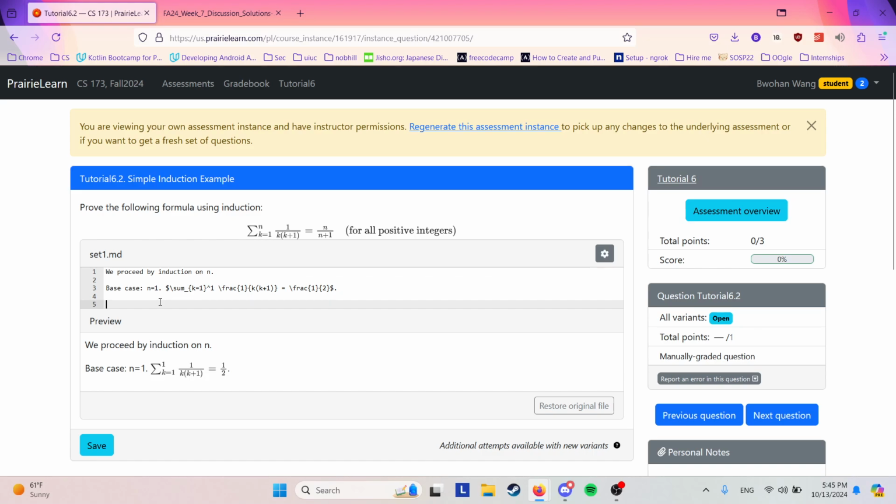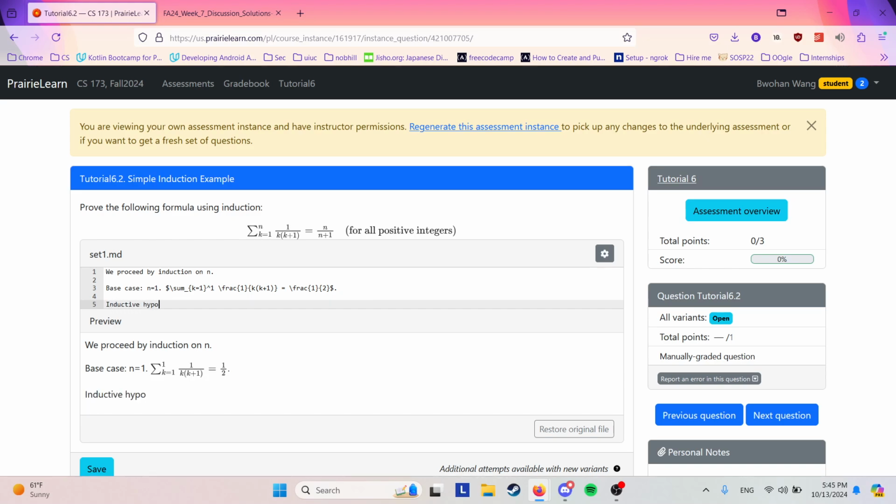Now we need to state our inductive hypothesis. In this class we always use strong induction. So our inductive hypothesis should look like: assume for all k less than n that, oh, and here we can't actually use k because we're already using k as our index for this summation. So just to prevent any confusion, let's change this to r.